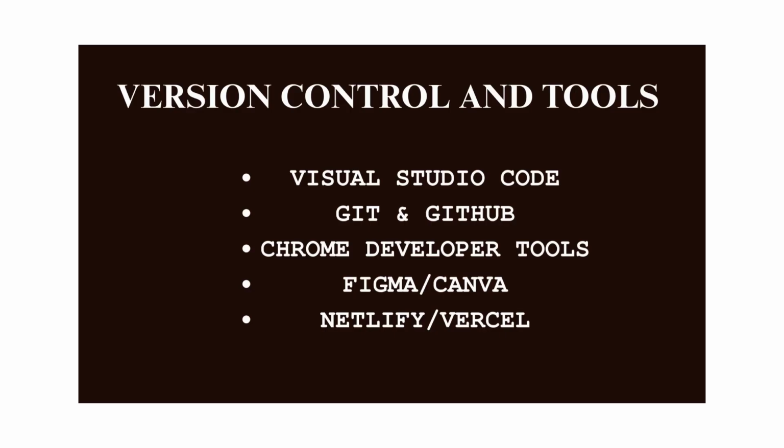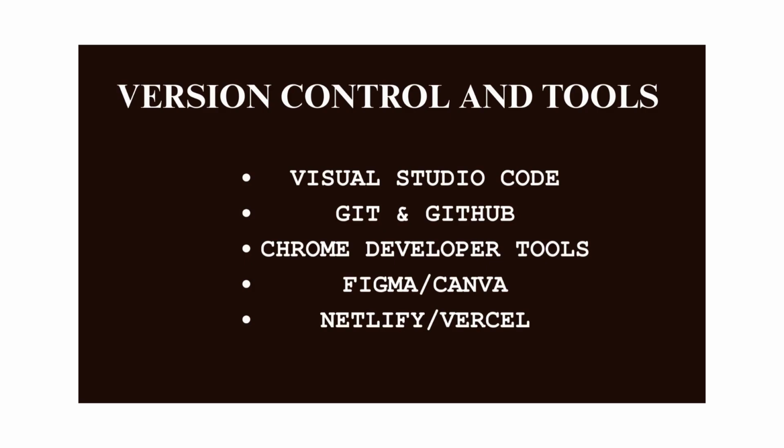Whereas the tools mentioned here, Visual Studio Code is a powerful, lightweight code editor tailored for developers. Whereas Git and GitHub are essential for version control and collaborative coding. Next comes Chrome Developer Tools.